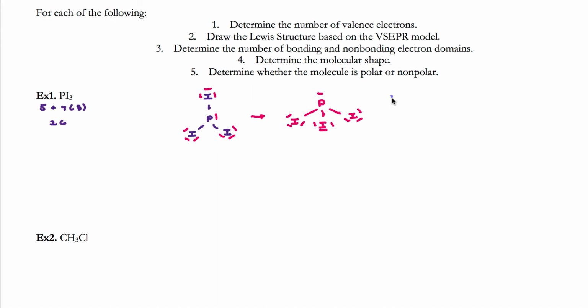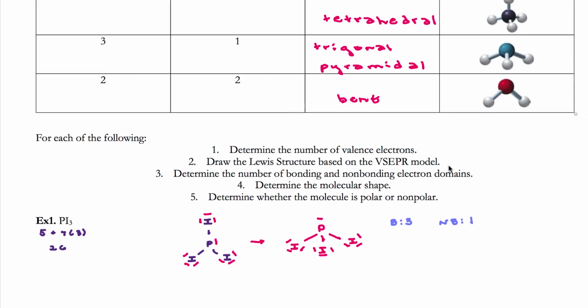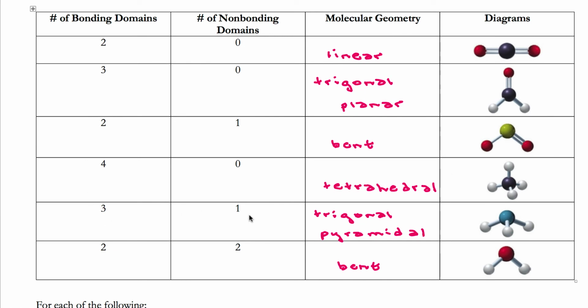For bonding domains, that means the number of atoms that are bound to phosphorus, my central atom. I have 1, 2, 3 bonding domains. And for non-bonding domains, which also means lone pairs of electrons, I've got 1 non-bonding domain. Then it says determine the molecular shape. So if I have 3 bonding, 1 non-bonding, you can either just look at this shape and tell what it is, or you can look at the 3 bonding, 1 non-bonding, but this is going to be trigonal pyramidal.